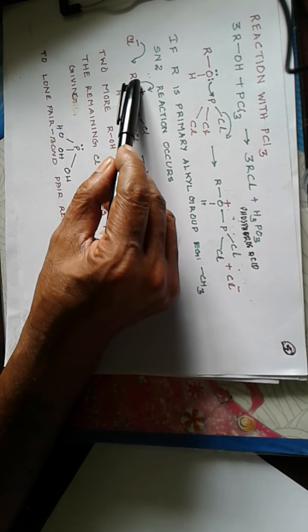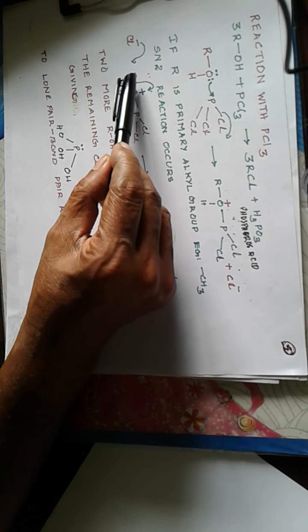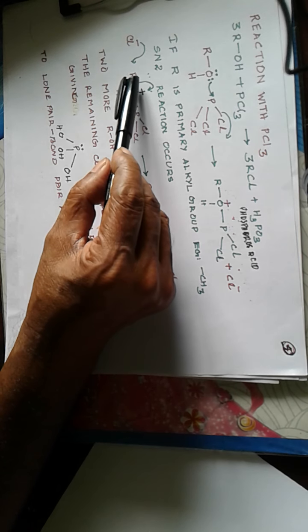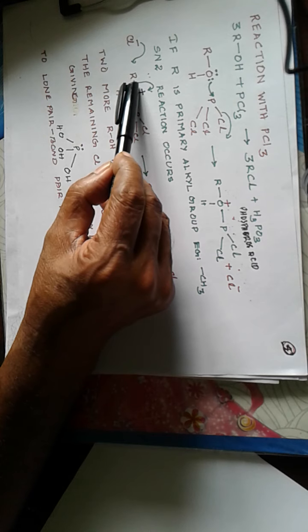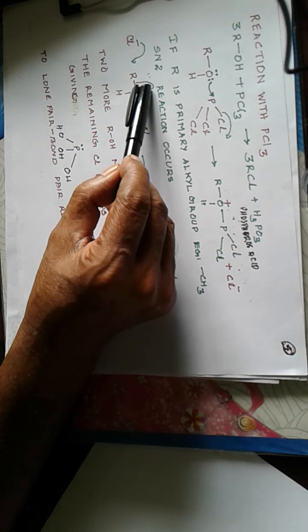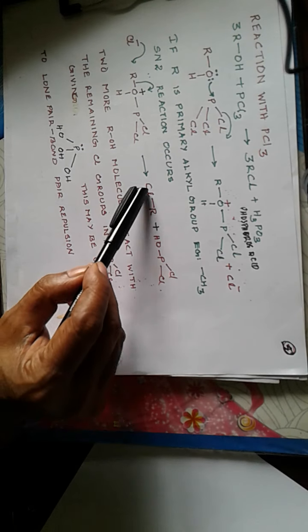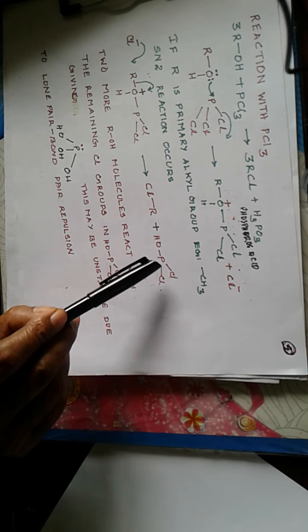So this pair of electrons will be shifting over oxygen, in the sense will be taken up by oxygen, and since the share of R is also taken up by oxygen, it gets an extra electron neutralizing this positive charge. We get ClR, of course the inverted configuration if R is an optically active group. Then OH and PCl2 are formed.